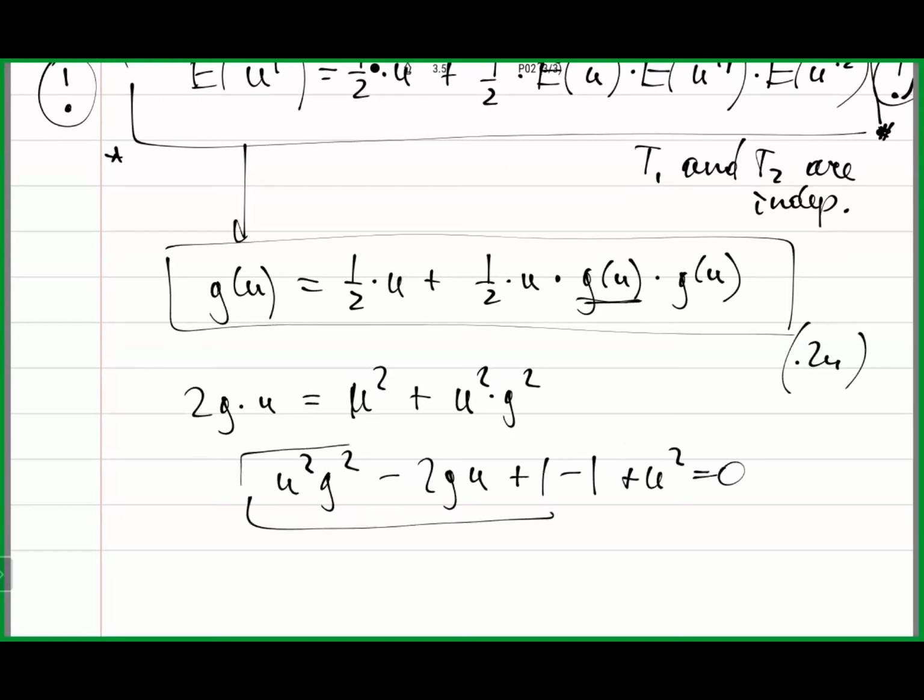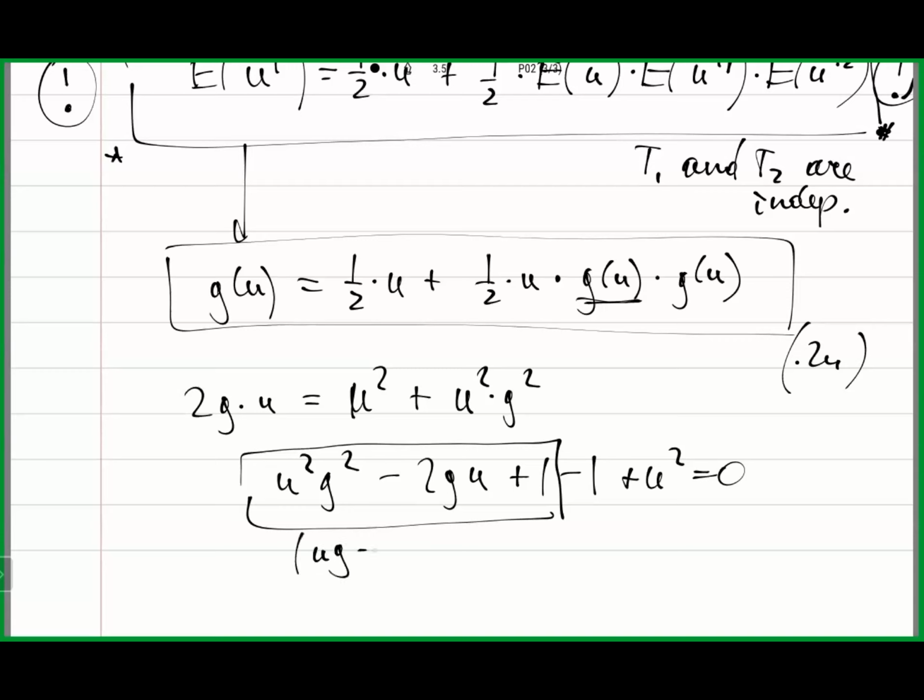Here I may use the formula with discriminant, but I'm lazy, I don't like it, so I will just complete the square. There are different techniques to solve quadratic equations, but I'm a little bit bored to use discriminant, so I will just complete the square.